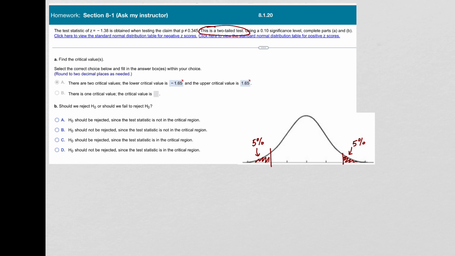So to find my critical value, or critical values because we have two of them now, again I'm going to use the inverse norm function. And to find this first critical value on the left, I'm just going to put in 0.05. That's the area on the left. And when we put that into the calculator, I get negative 1.645. So this is actually going to be a little bit further to the side here.